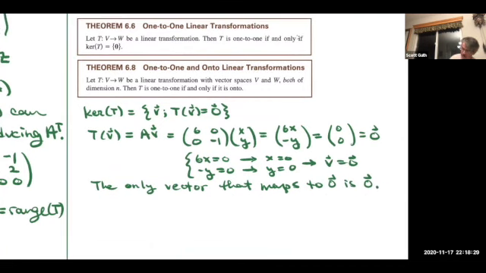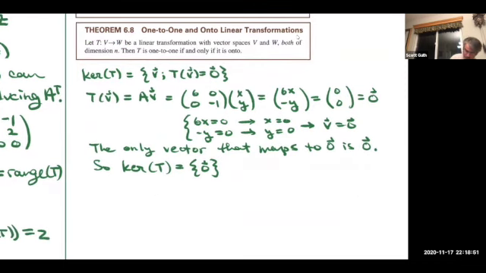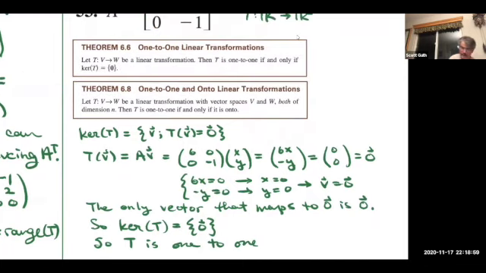So that tells you that the kernel is the 0 vector. So the kernel of T is just one vector, 0. Okay, so that fact tells you that T is 1-to-1. So T is 1-to-1, and I'll just say by theorem 6.6.